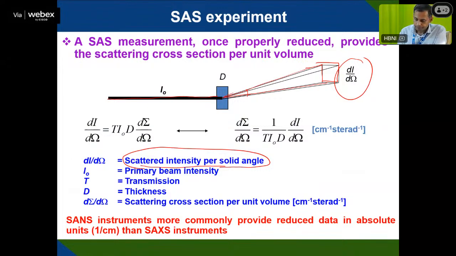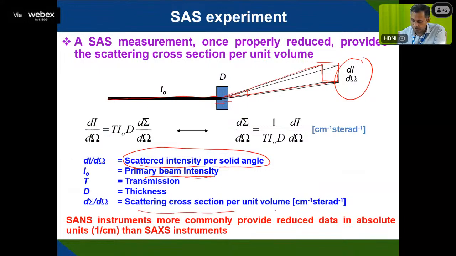That is the scattered intensity at a particular solid angle, in a particular unit volume that we are measuring. Here I0 is the primary intensity falling on the sample, T is the transmission, and D is the thickness of the material.